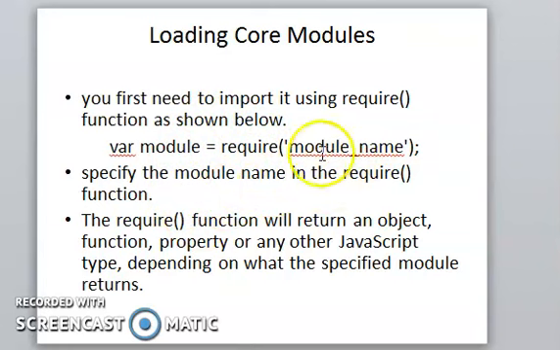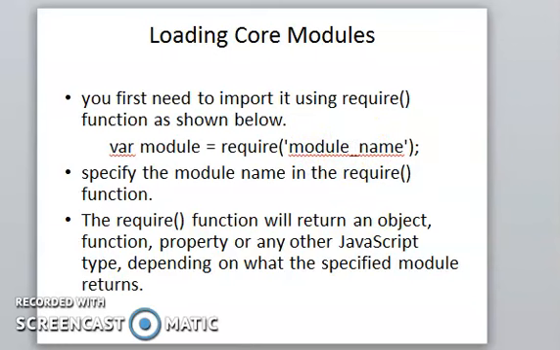And this require function returns an object, which depends on the specified module, and it returns the module specified.